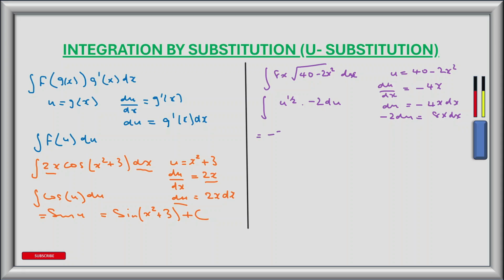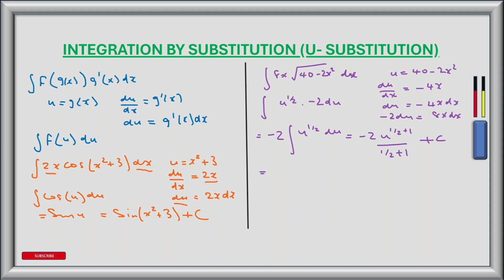We have minus 2 and the integral of u to the power of a half du. So if we use the power rule to integrate this, we have minus 2 u to the power of a half plus 1 divided by a half plus 1, plus the constant of integration.